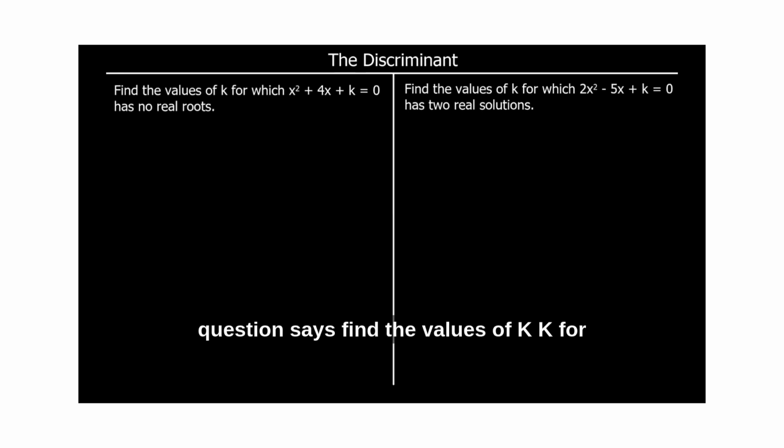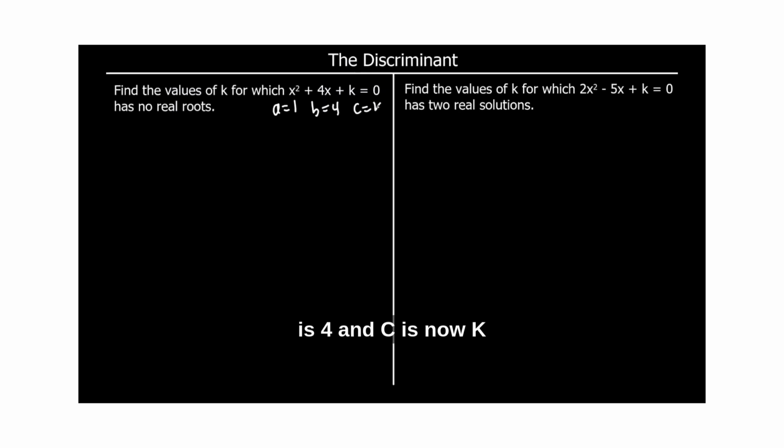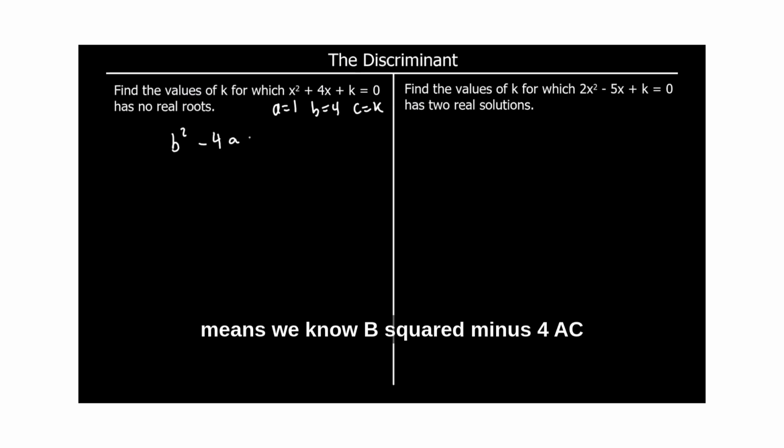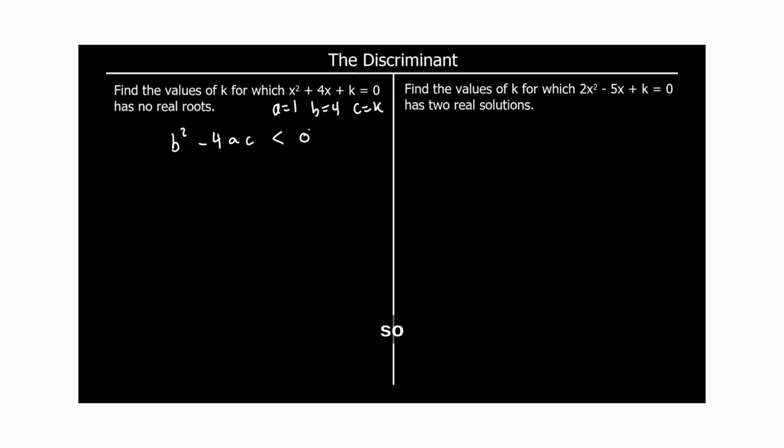This question says find the values of k for which x squared plus 4x plus k has no real roots. So we've got a is 1, b is 4, and c is now k. If it's got no real roots, that means b squared minus 4ac is negative, less than 0. So let's substitute a, b, and c in, and we'll find a range of what k can be.